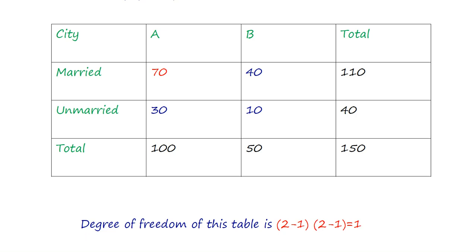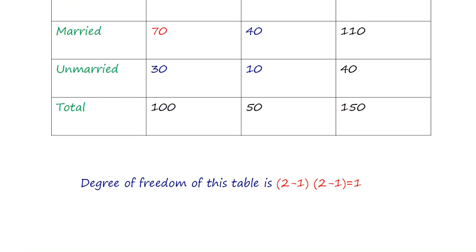And here this is 100 already given, and this is 70. 100 minus 70, 30. In every condition these observations will be 30. This is not free to vary. In this cell we already know this is 40. 50 minus 40 is equal to 10, or 40 minus 30 is equal to 10. So this observation is not free to vary.